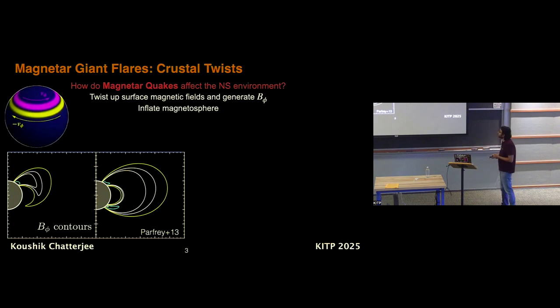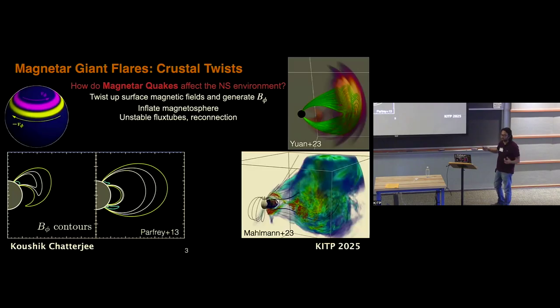As we keep twisting, we are injecting energy into the magnetosphere of this neutron star. Eventually, at some point, the magnetosphere gives way and the dipolar field starts expanding. At some point, these inflating flux tubes become unstable, generating very large-scale explosive events, previously studied in Parfrey and Jensen's papers.